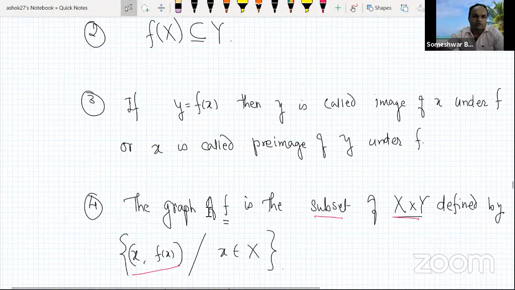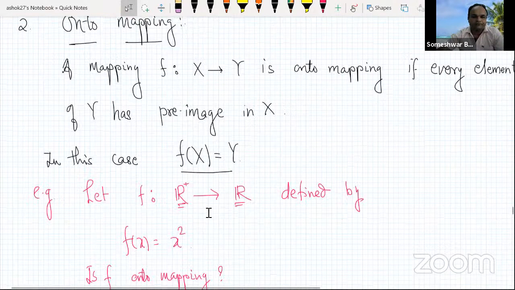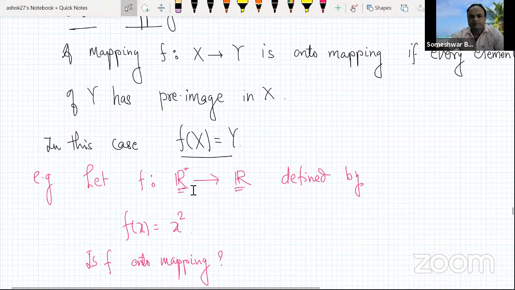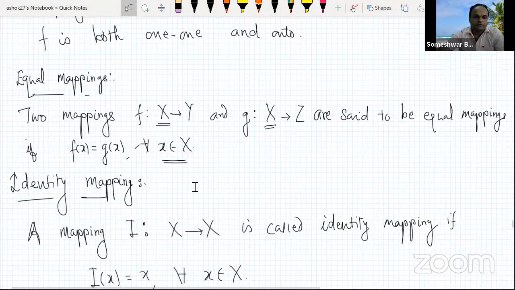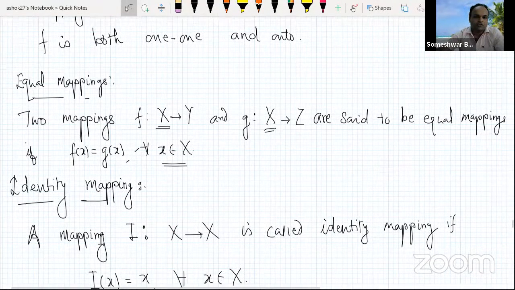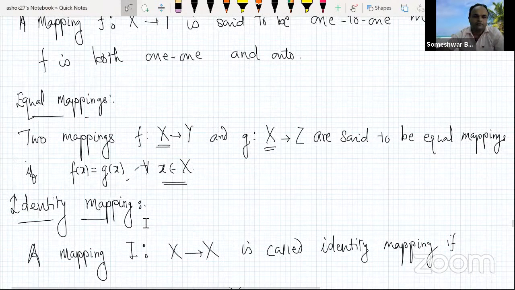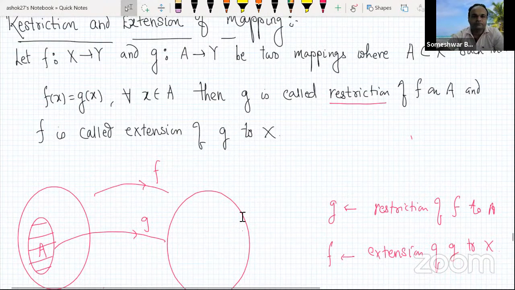Third, one-to-one mapping. Then we have seen some particular mappings: first equal mapping, second identity mapping, third constant mappings, then restriction and extension of mapping. So we have seen it with figure.